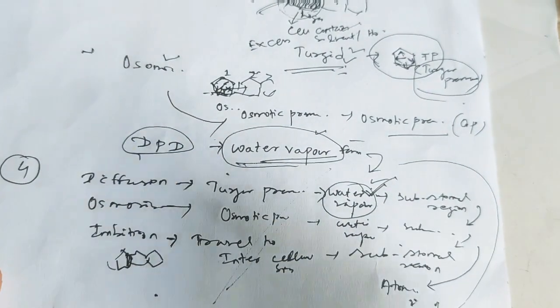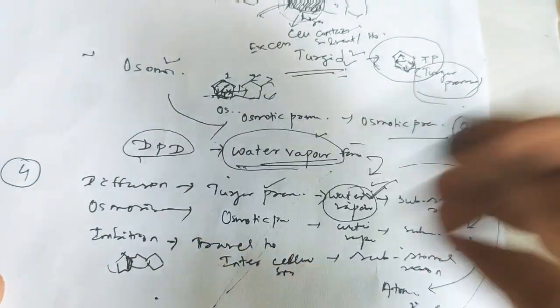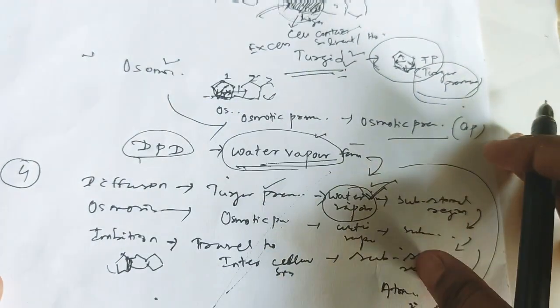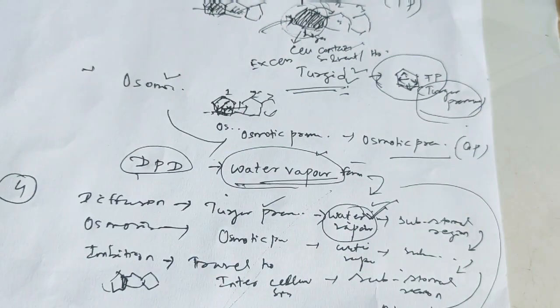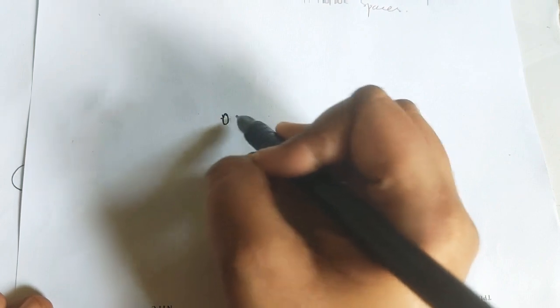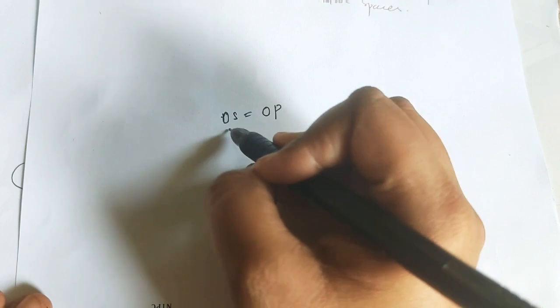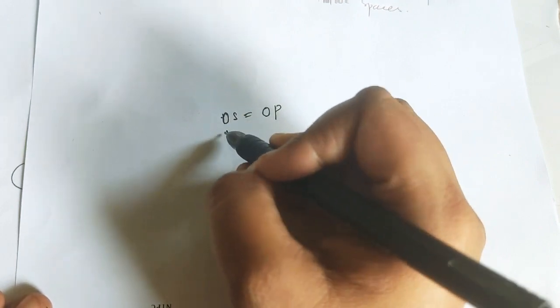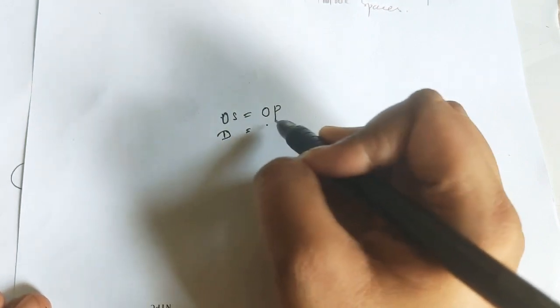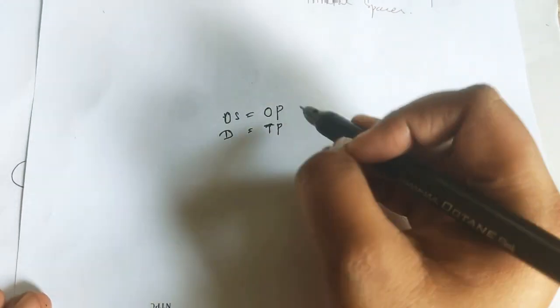Now come to the increasing and decreasing levels. Osmotic pressure develops, turgor pressure develops, and DPD also develops. But what about the increasing and decreasing of these pressures? Osmotic pressure develops due to osmosis, and due to diffusion, turgor pressure develops.